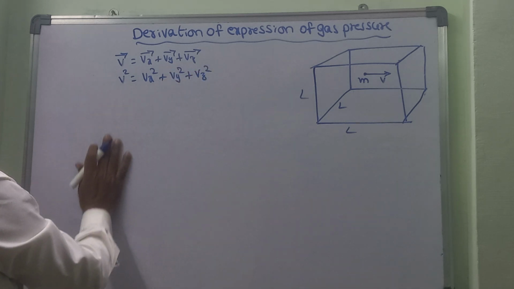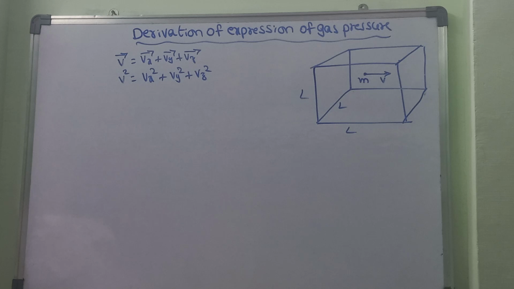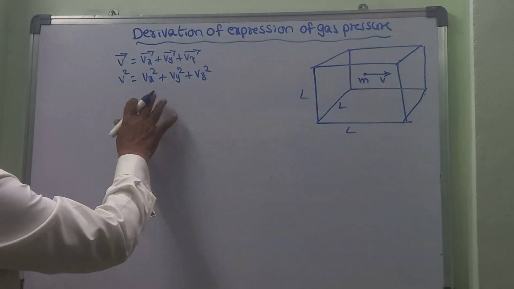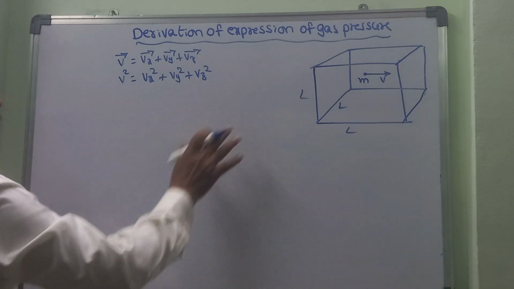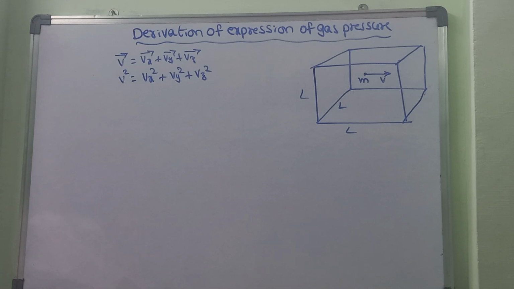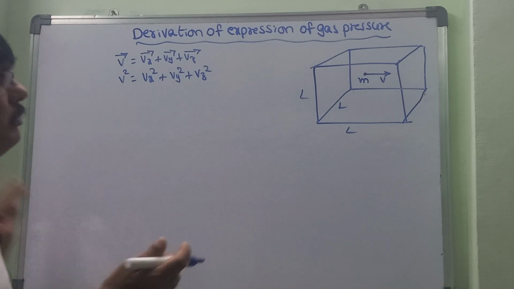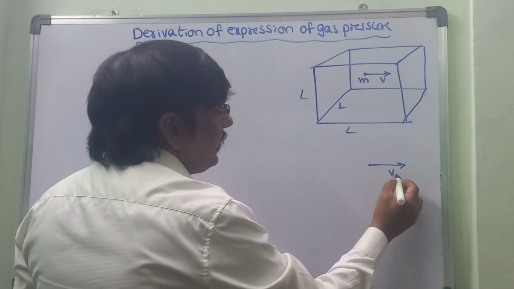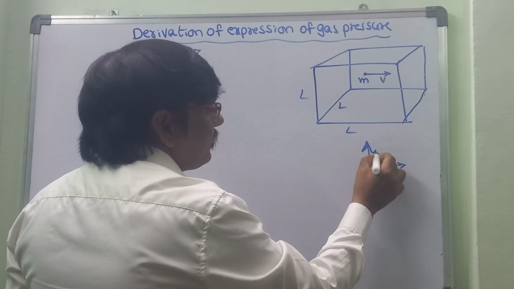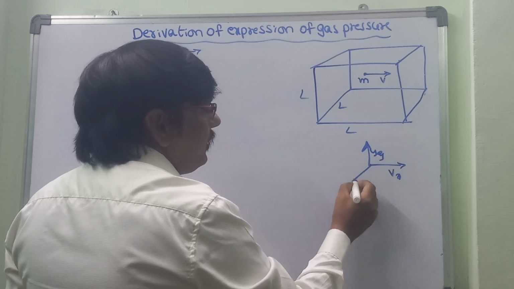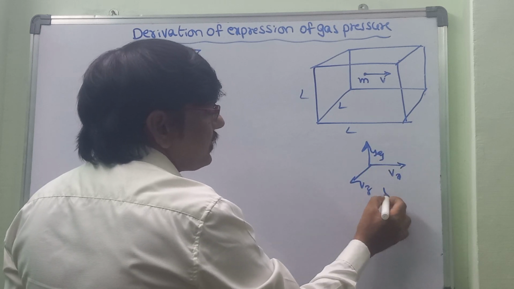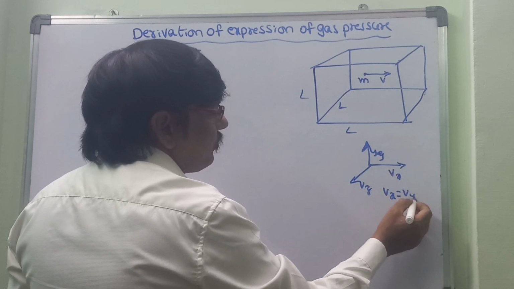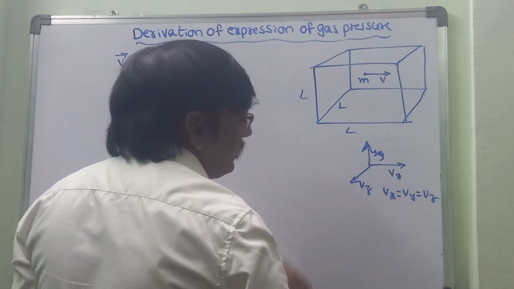In this, the molecules are all in random motion, so if a molecule travels in the x direction, y direction, or z direction, it travels with the same velocity. So Vx is equal to Vy is equal to Vz.